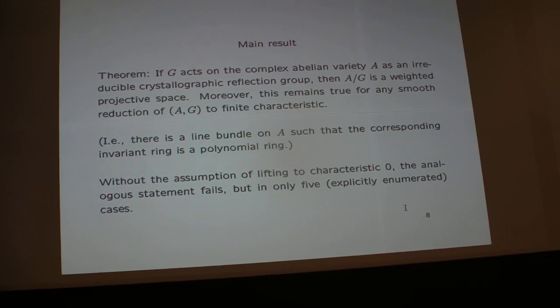Okay, there's a slightly broader version of this statement, which does not ask for lifting to finite characteristic. In general, if you have a crystallographic reflection group acting on an abelian variety, then it almost always has polynomial invariants, but there are like 5 cases where it fails. I don't have a good characterization of those 5 cases, but there's a huge number of interesting cases where it still works, including all the infinite families.